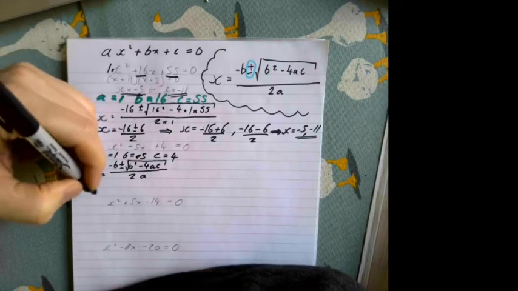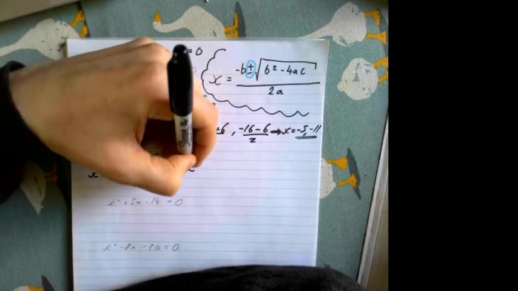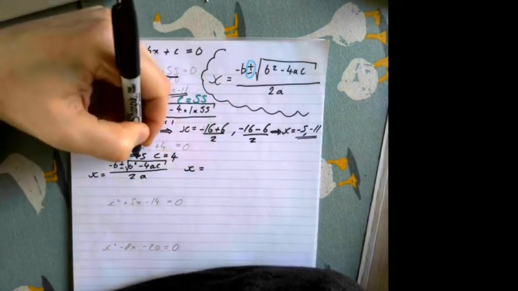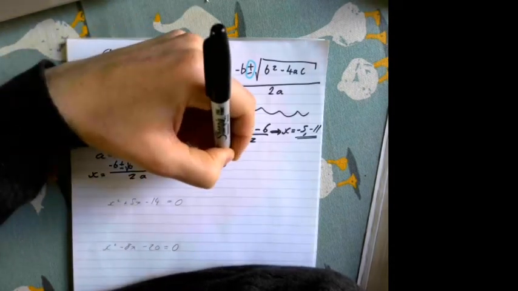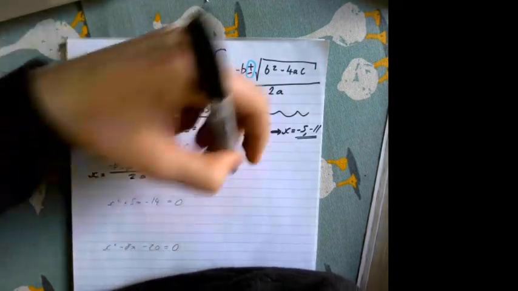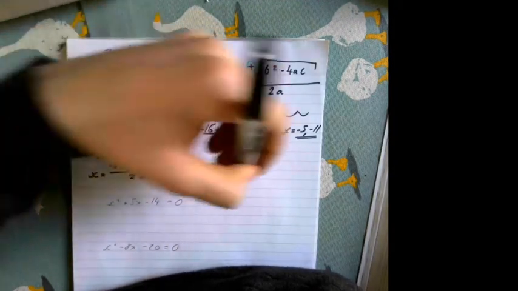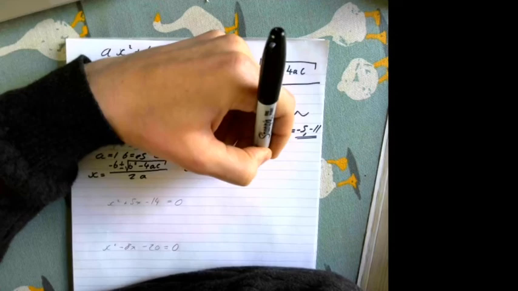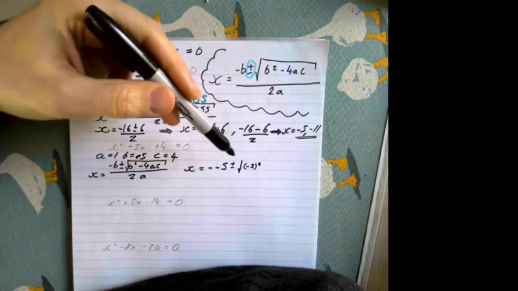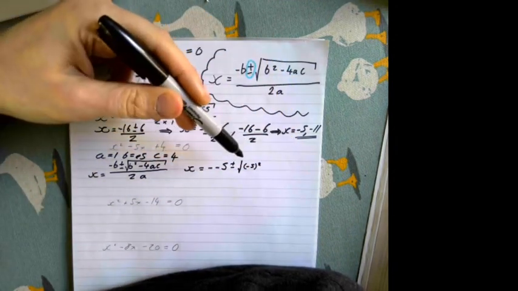So if we substitute our values in here, I know my x is equal to negative of negative 5, so that's going to become positive 5, plus or minus the square root of negative 5 squared, so it might be worth putting those in brackets.